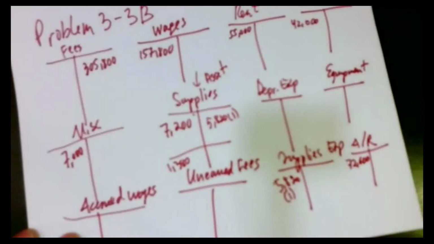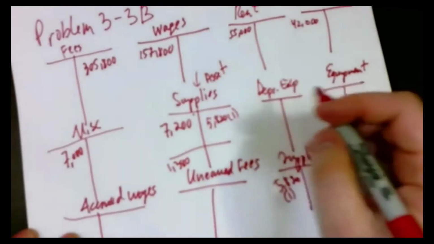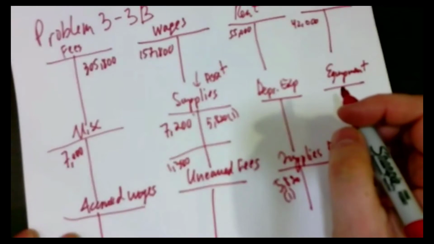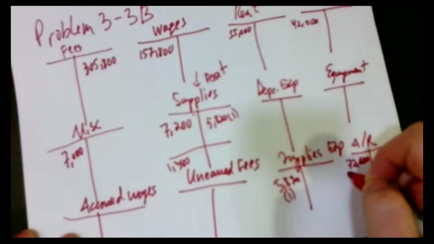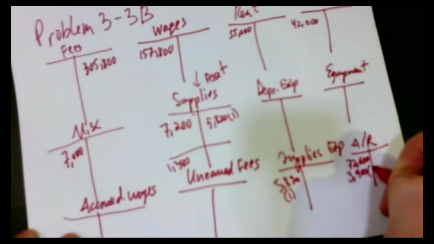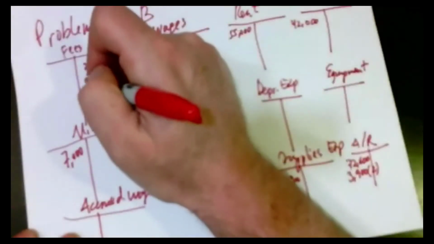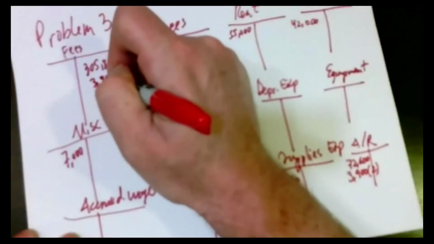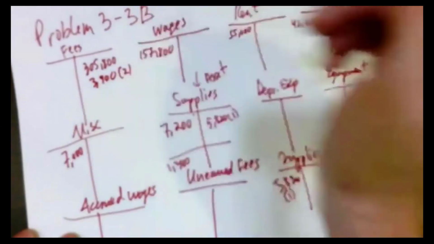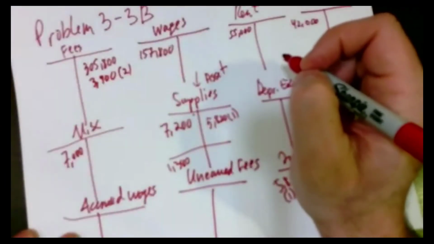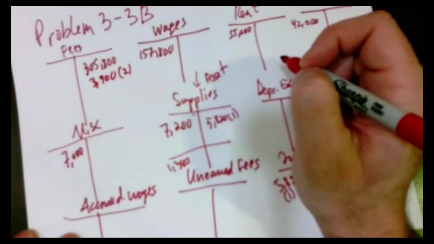However, you also had unbilled fees, an additional 3,900. So you need to debit accounts receivable for that, and you need to add more to fees. It's another credit of 3,900. That's the second journal entry.